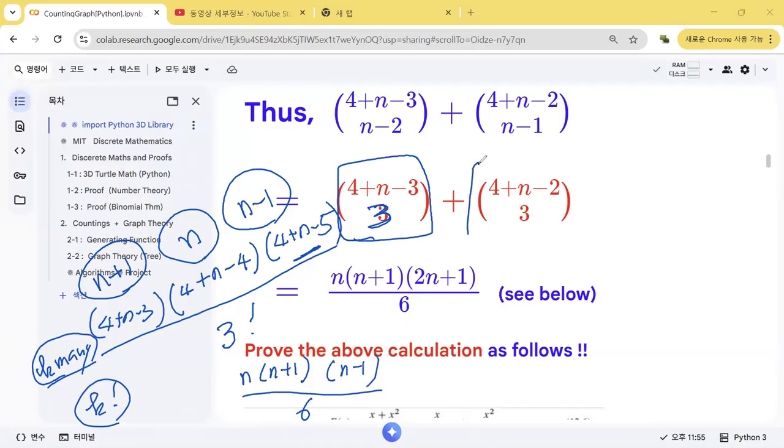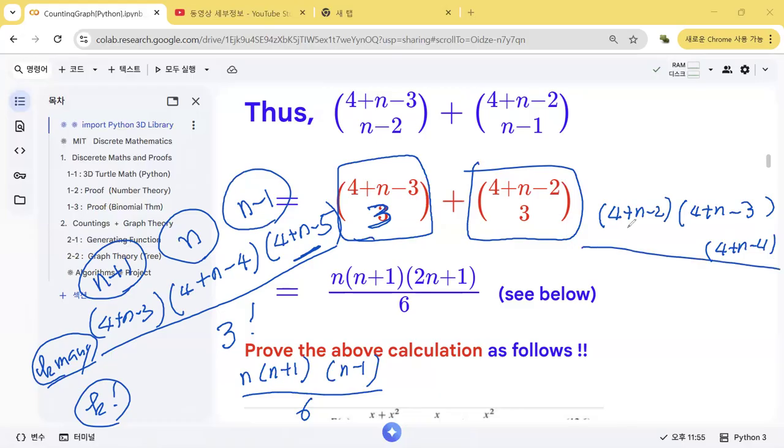From this one, let's see, the numerator is 4 plus n minus 2, subtract 1, then 4 plus n minus 3, subtract 1 more, 4 plus n minus 4. And so there are three values appearing in the numerator and denominator 3 factorial.